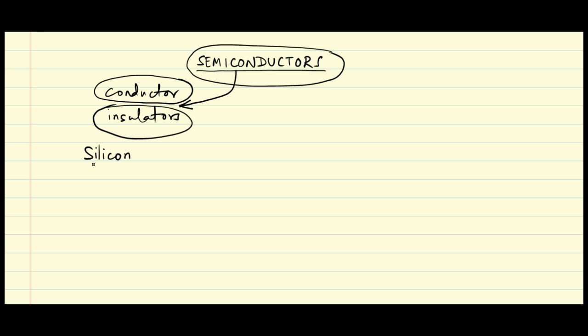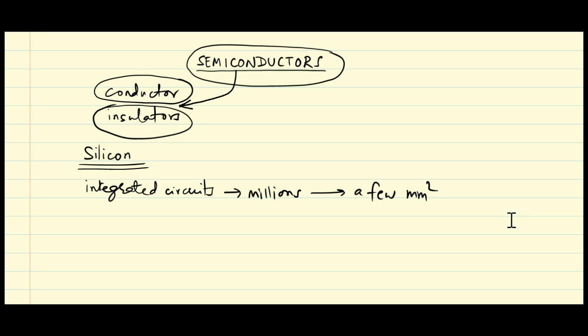It's the semiconductor which is the most widely used, and circuits made of silicon and other semiconducting materials, called integrated circuits, in which millions of circuits made of the semiconducting material can be placed on an area which is only a few square millimeters.